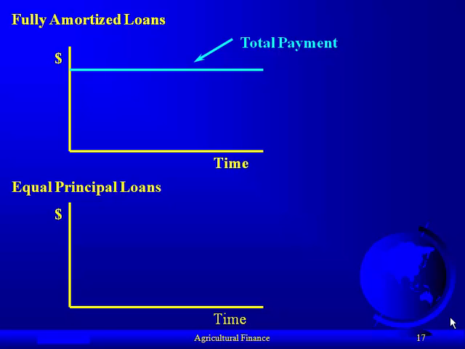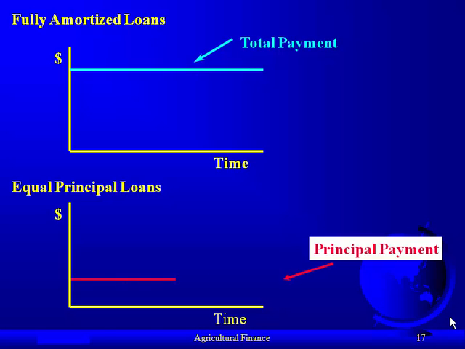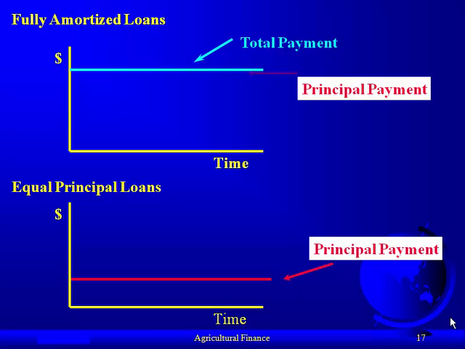It's just flat across time, where the horizontal axis represents time and the vertical axis represents the dollar amount. But if you look at the principal payment for the equal principal loan, it's uniform. For the fully amortized loan, the total payment's uniform and constant. For the equal principal loan, it's the principal payment that's uniform and constant.